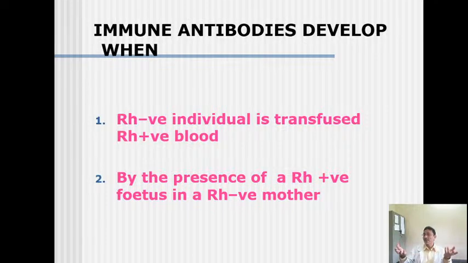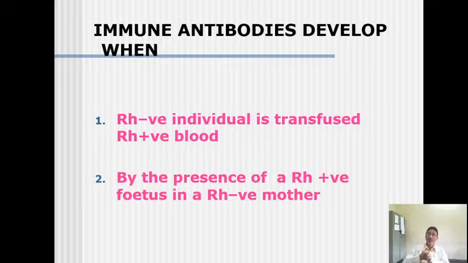So the next question is, when will a person develop antibodies? If an Rh negative individual is transfused with Rh positive blood. Suppose you make a mistake and do a blood transfusion on an Rh negative person, introducing Rh positive blood.